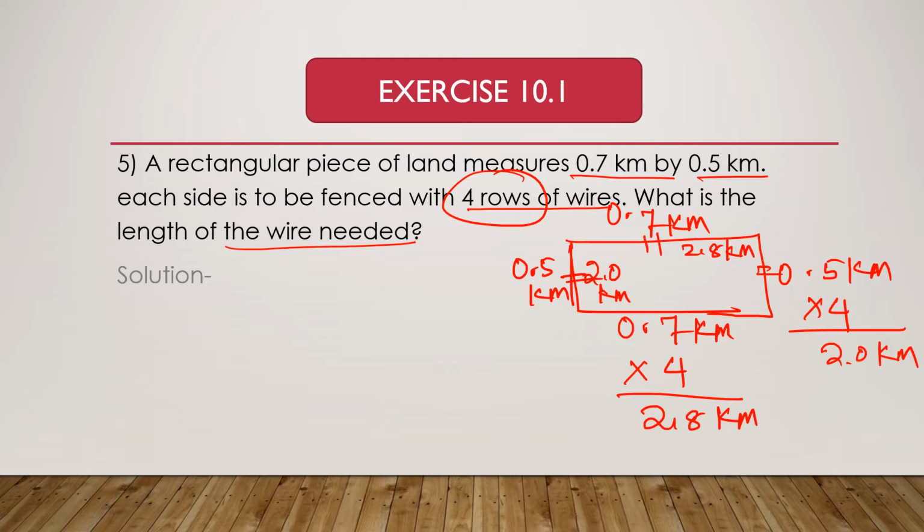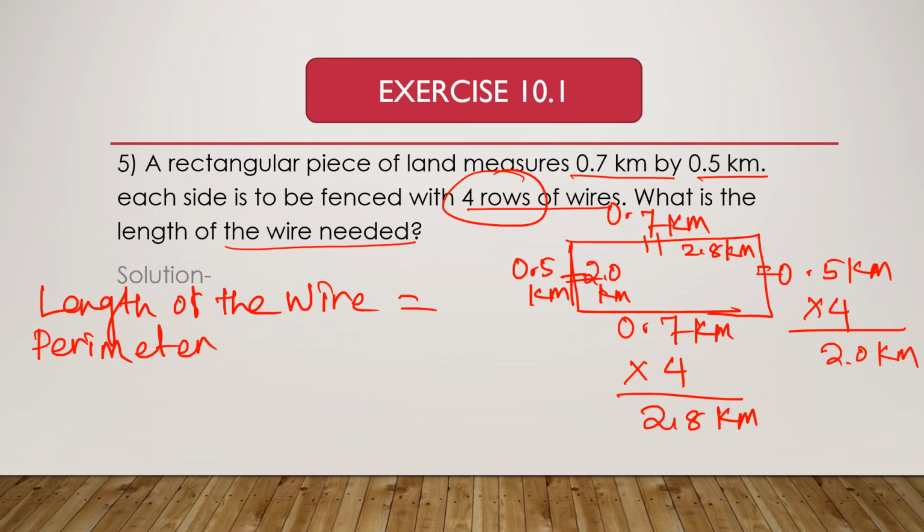Now we have to find the length of the wire needed. Length of the wire is perimeter of the rectangular piece. Perimeter, that is 2 multiplied with length plus breadth.